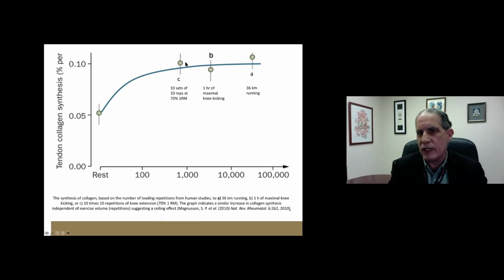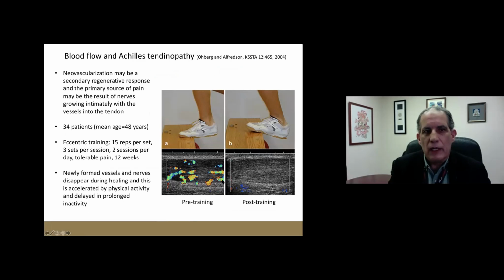But as you can see, there's very little difference between this one and this one. So I would argue that with a few sets of 10 repetitions at a fairly high intensity, you have plenty of stimulus to induce collagen synthesis. You don't have to run 36 kilometers to accomplish this. So this is enough. Again, suggesting that exercise is extremely important for this.